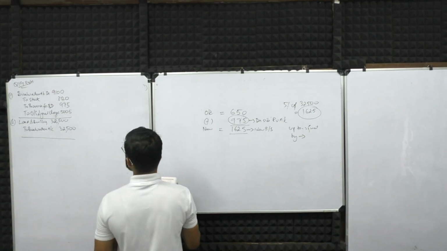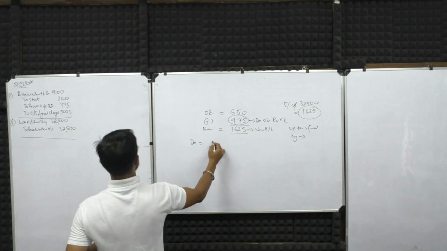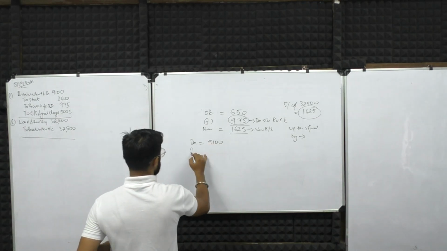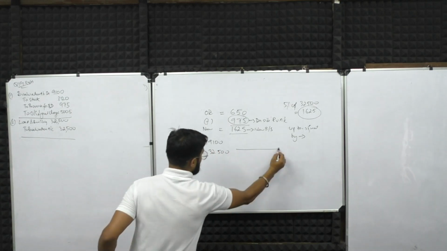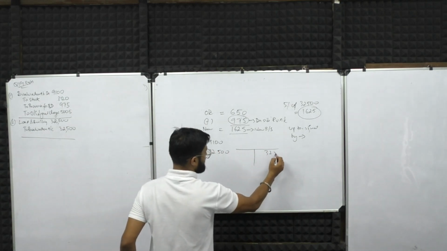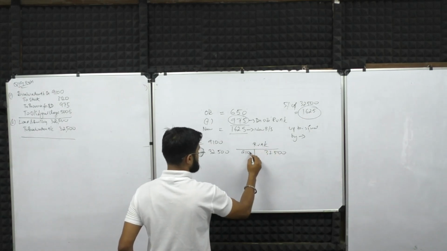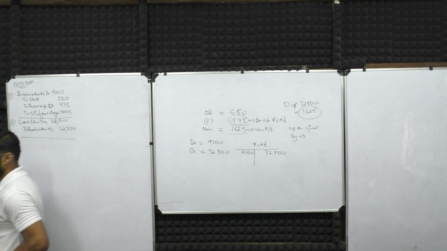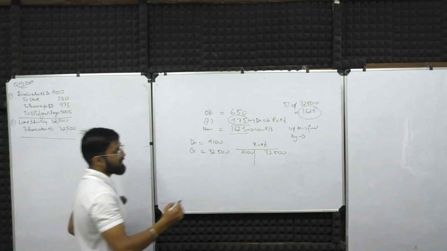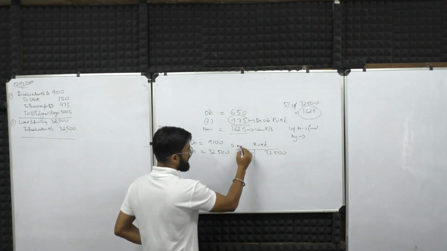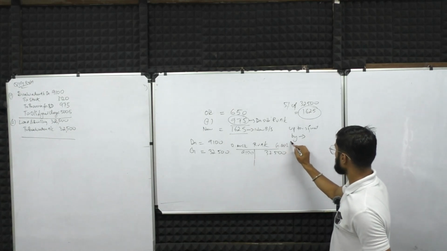Now let's find out the gain or loss on revaluation. Debit side is 9100, credit side is 32,500. The debit side is for all expenses or losses, and the credit side is for all incomes or gains.